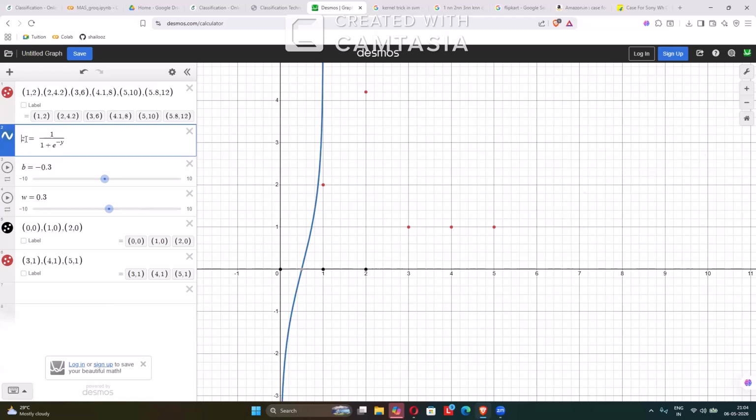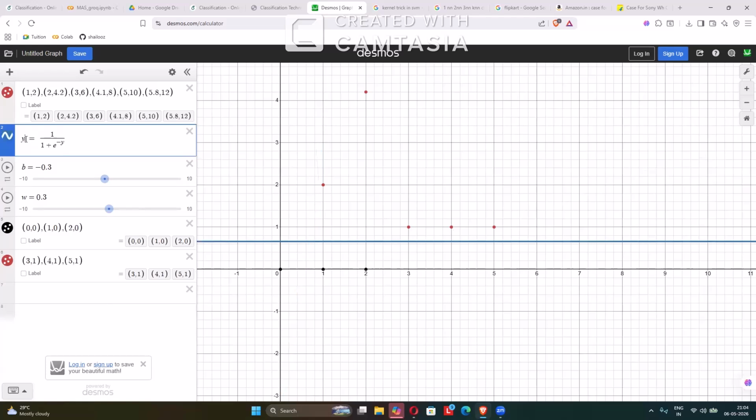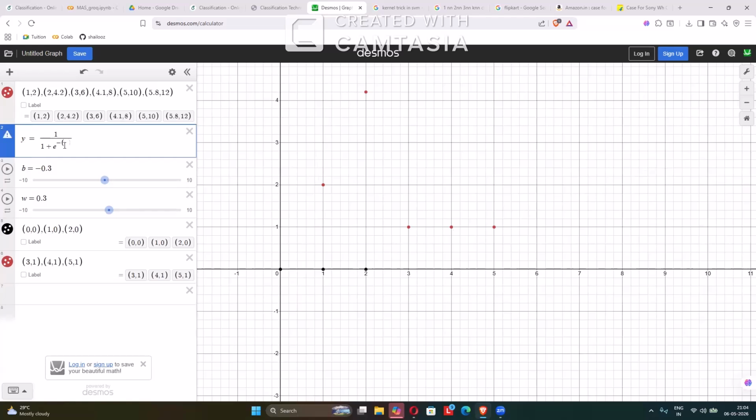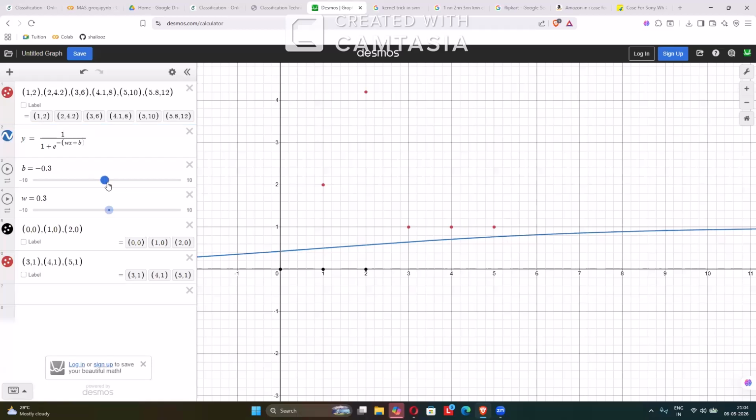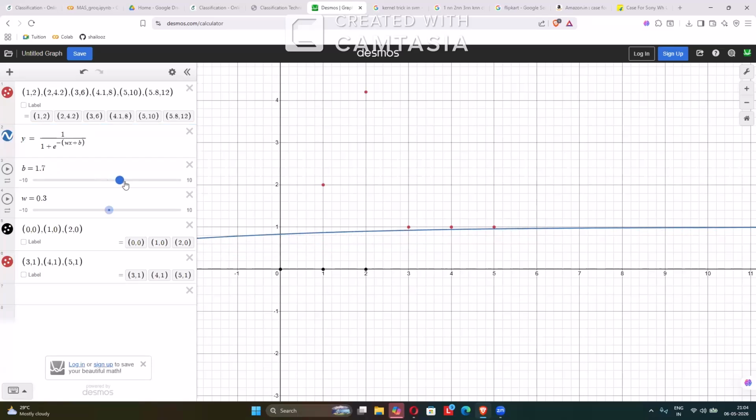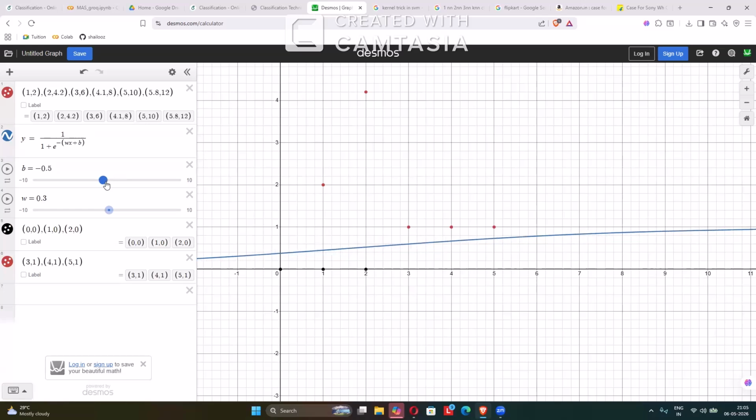And this y is actually nothing but wx plus b, right? Now, see what is happening if I change b and w.